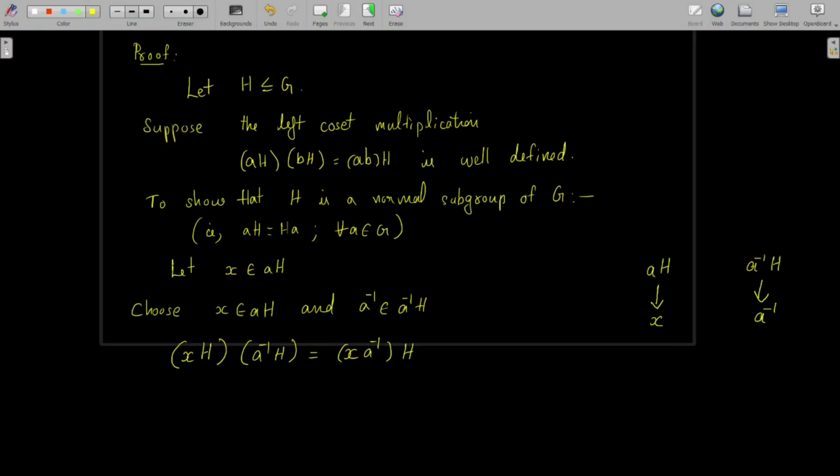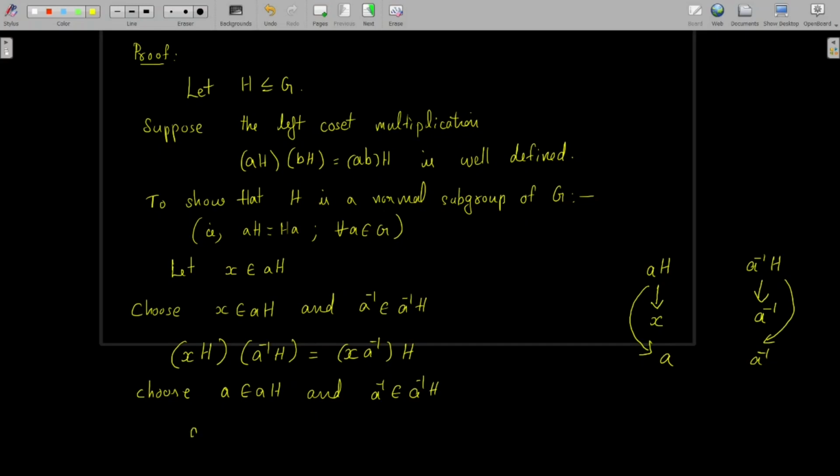Since the operation is given as aH times bH equals abH. Now let us choose other representatives for these cosets. From aH I am going to take the element a, and from a inverse H I am going to take the element a inverse itself. That is, we are choosing the element a belonging to aH and a inverse belonging to a inverse H. Again let us do the multiplication here.